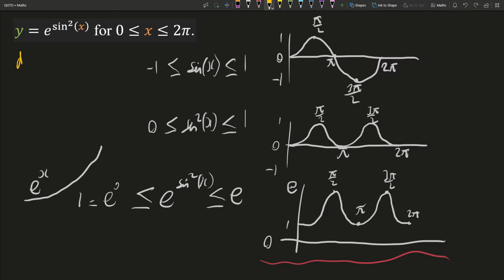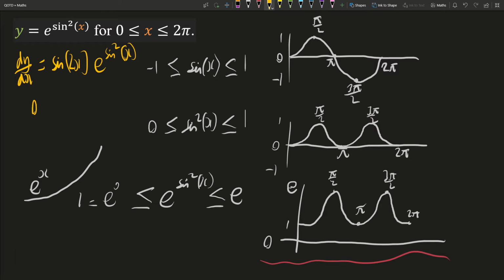Another way we can approach the problem is by differentiating. Although you will have to use the chain rule and the product rule, we end up getting dy by dx is sine 2x times e to the sine squared x. And then we also note that when this is 0, it's a turning point, where this becomes a multiple of pi.